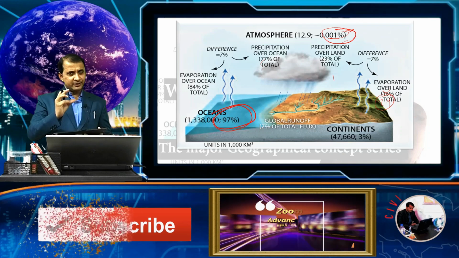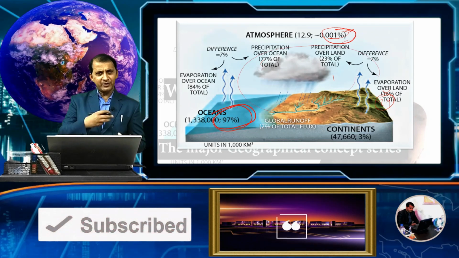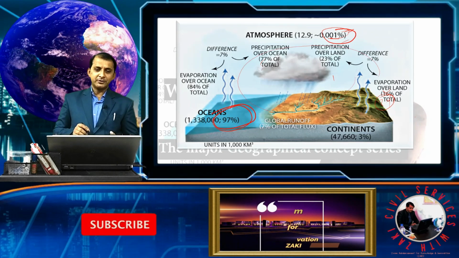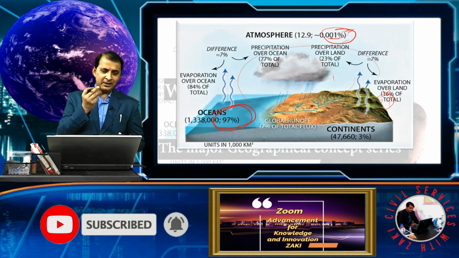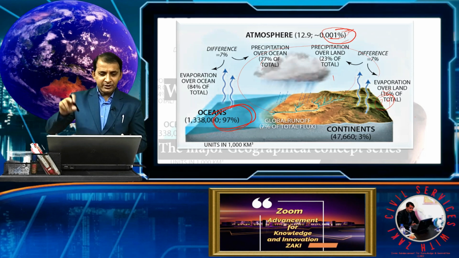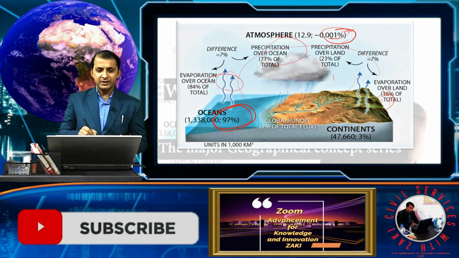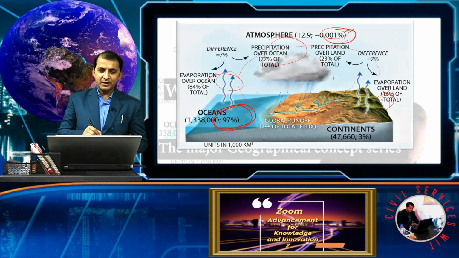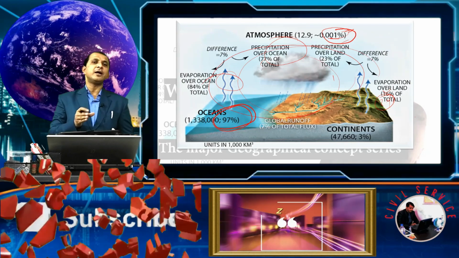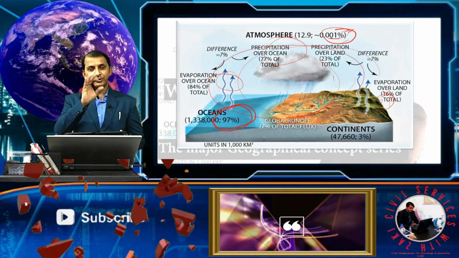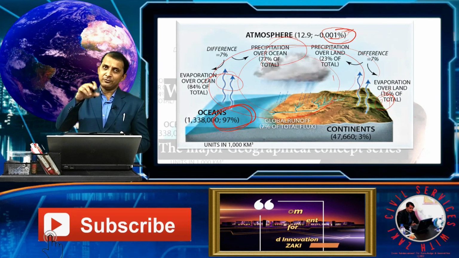These are the major stores of water, and the circulation continues through three major processes: number 1 evaporation, number 2 precipitation, and number 3 streams. That's why water is called a renewable resource, because it is recycled throughout the globe.